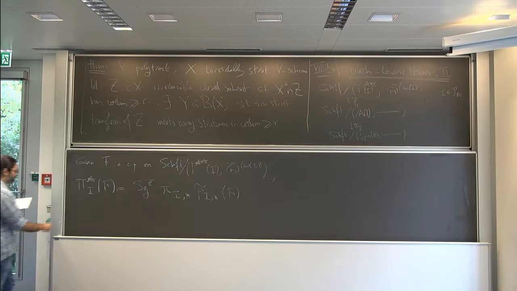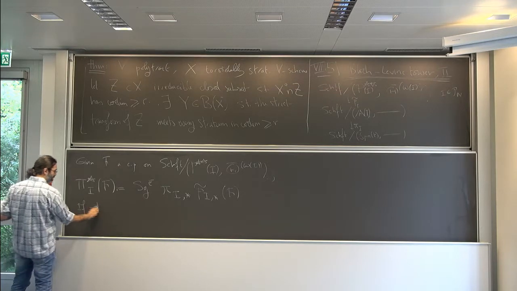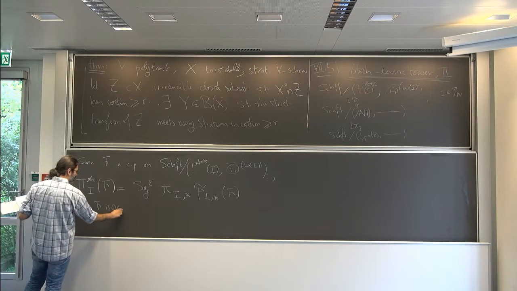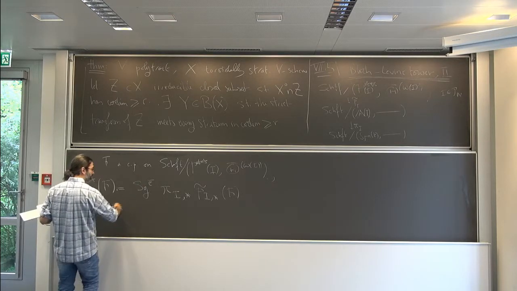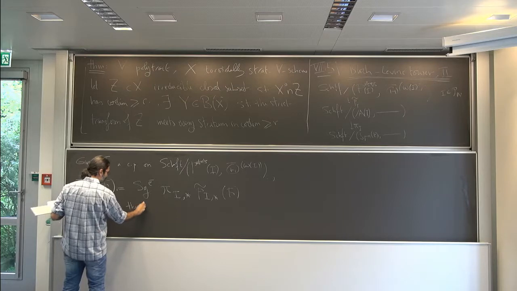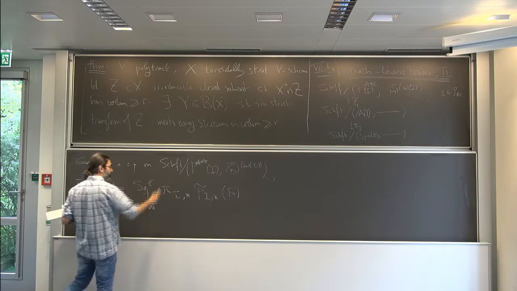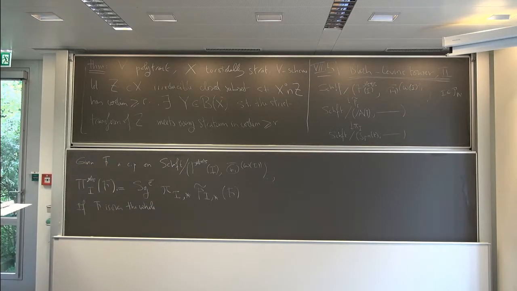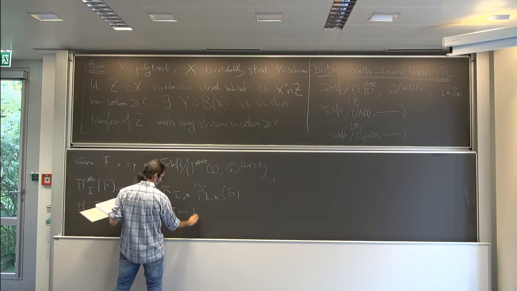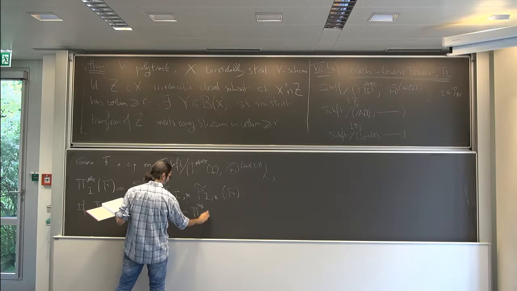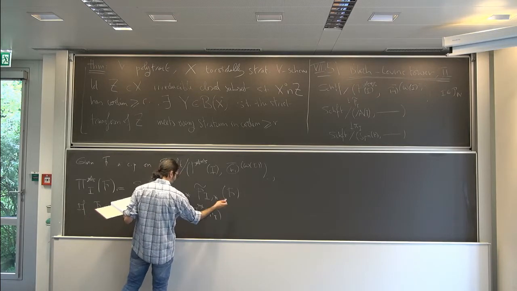Now, if F is over the whole thing, even if I vary I, then the association sending I to pi upper star I F_I is a contravariant functor.